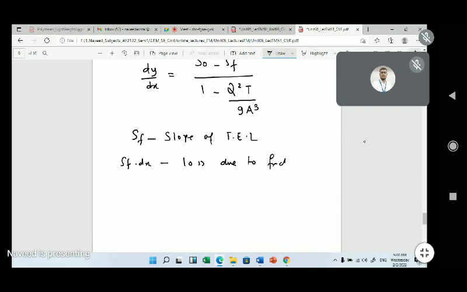You should also know the terminology for solving the example. And S0 is the slope of bed. It is nothing but Z1 minus Z2.